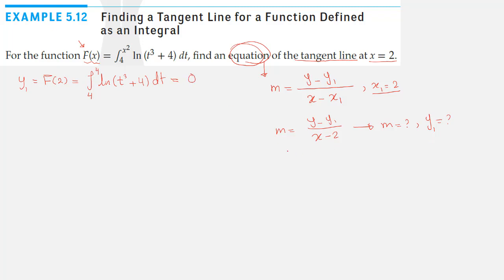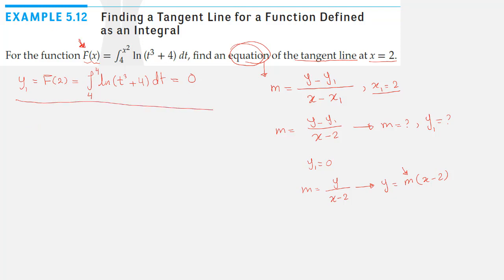So we have here y1 equal to 0, so m equals y over x minus 2. So we can write y equals m multiplied by x minus 2. Now we need the m. How to get the m? We have the function here.